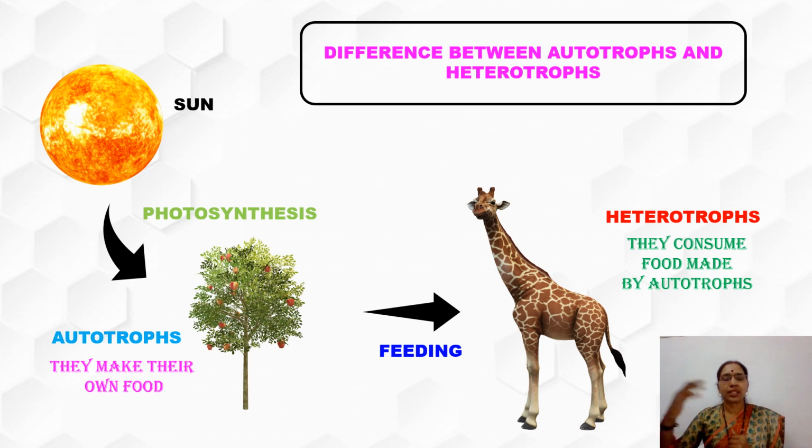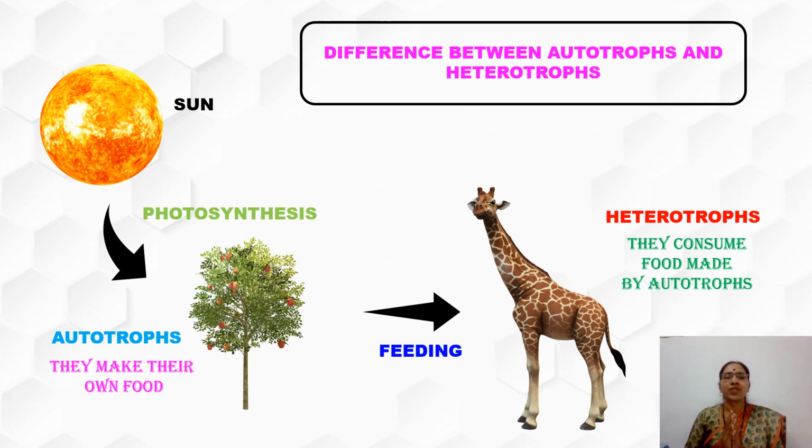And on this side you can see the animals which use the plant as their food and depend on the plant for their food, and such animals are known as heterotrophs. So autotrophs can prepare their own food, heterotrophs cannot prepare their own food, they depend on the plants or other animals for their food. This is the prime difference between autotrophs and heterotrophs.